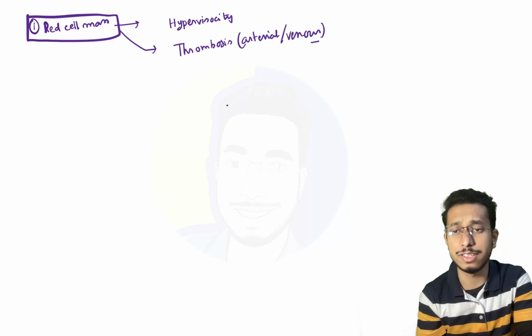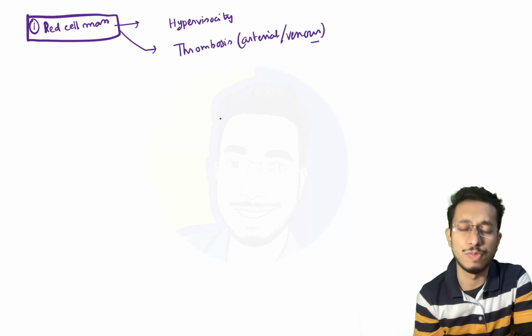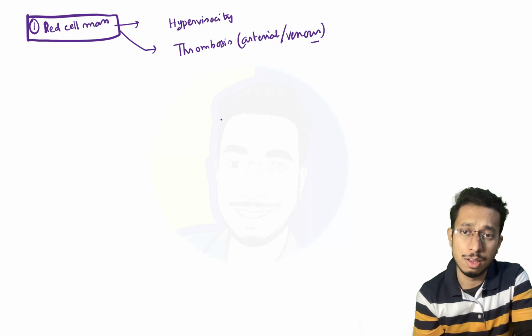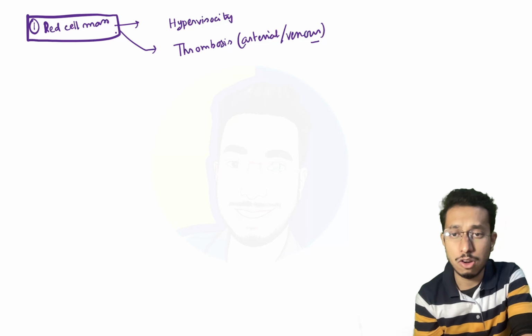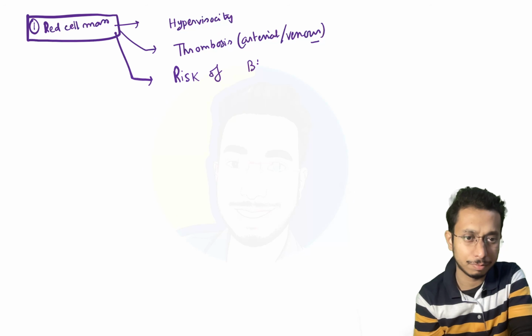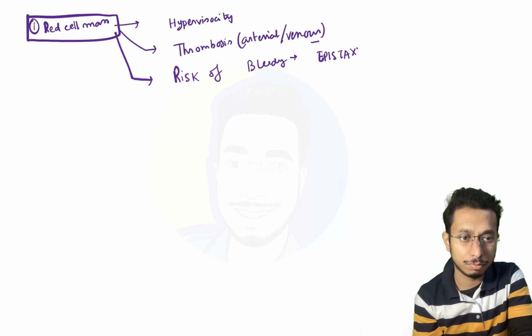And if the platelet count is severely high, more than 15 lakh in a person, there is consumption of von Willebrand factor, causing acquired von Willebrand disease. Due to this consumption, there will be risks of bleeding in the patient, which may present as epistaxis and peptic ulcer disease.